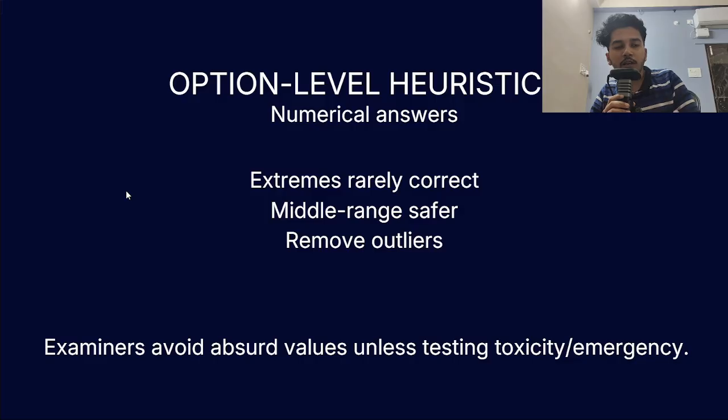You cannot give the correct answer without stuffing it between wrong answers, and you have to make sure the wrong answers are more believable. So they will put in an extreme, but extremes are rarely correct. Middle range answers are safer, and we have to remove the outliers. Examiners avoid absurd values unless testing toxicity or emergency cases.